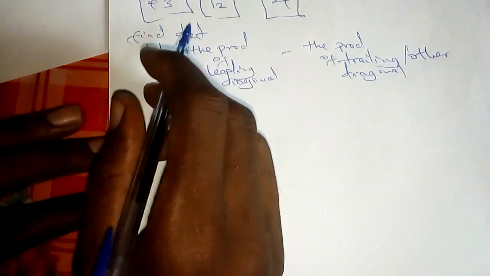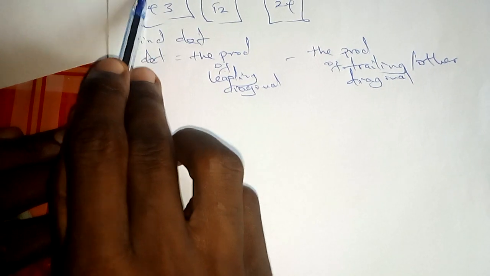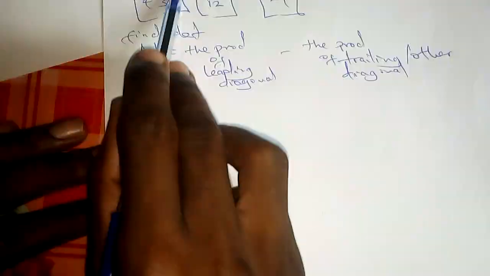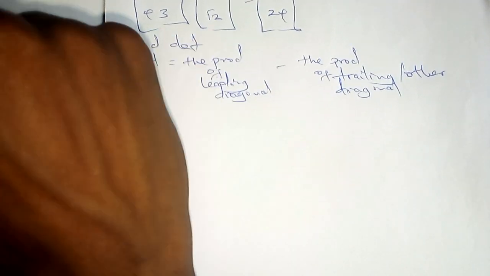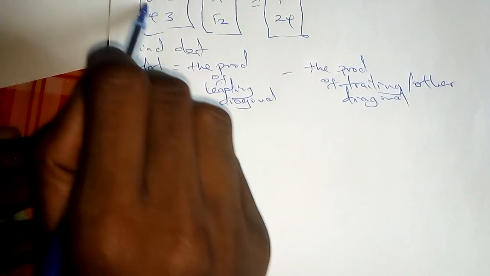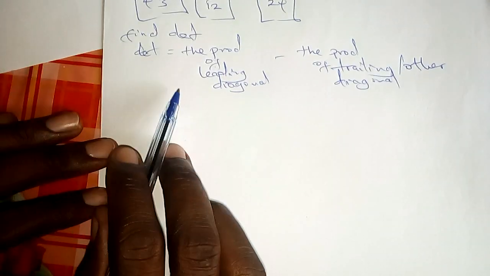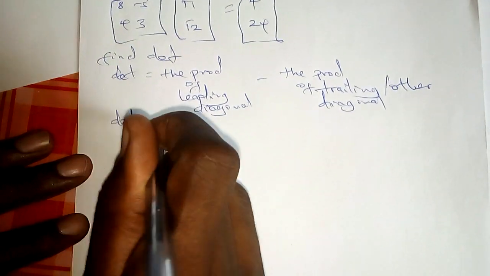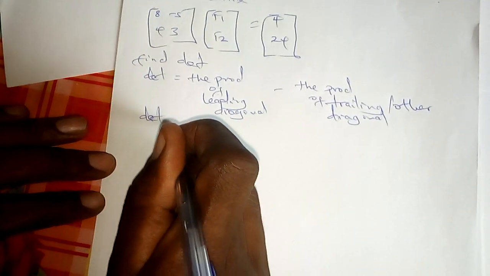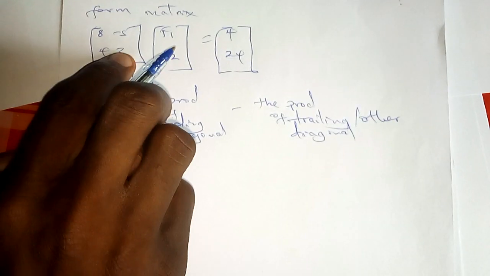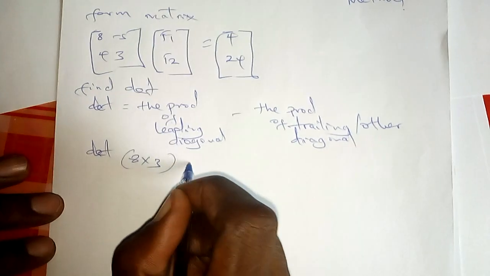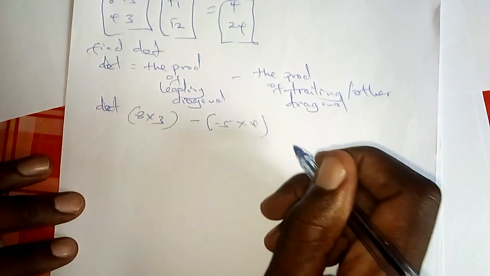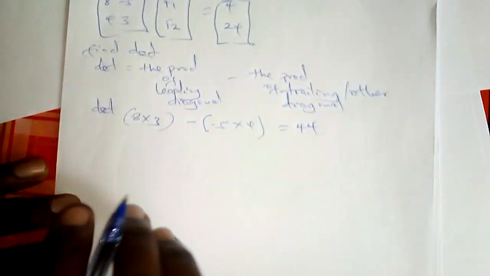Now this is the leading diagonal, and the other stroke, the trailing diagonal, is this one. From our matrix formed, it will be 8 multiplied by 3 on the leading minus negative 5 by 4 on the trailing. So we'll have our determinant as 44.